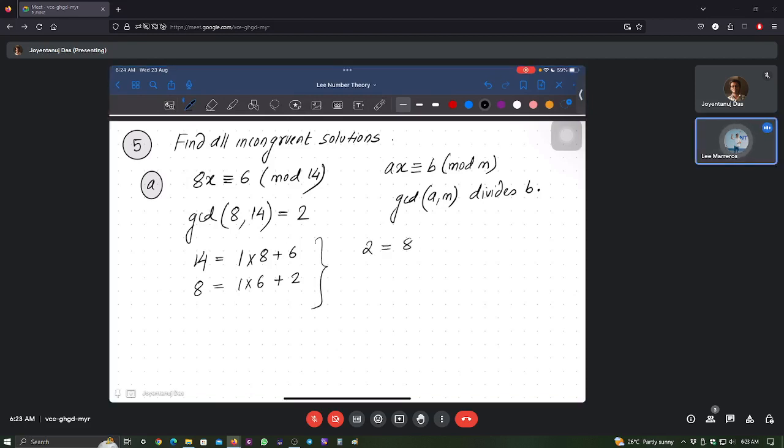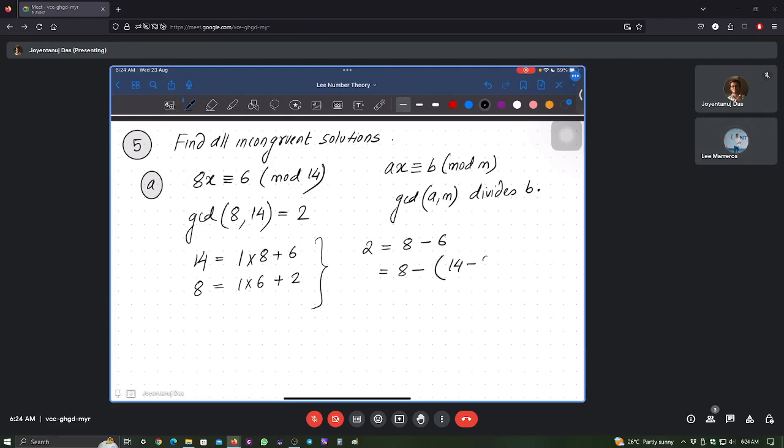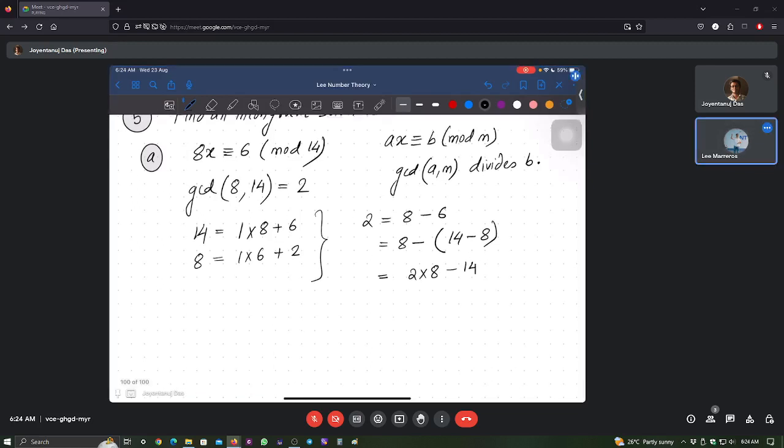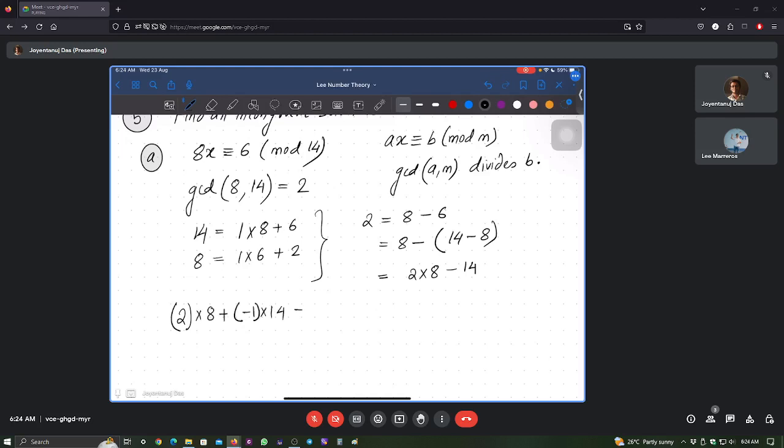From here, we get 2 equals 8 minus 6, and 6 we can replace by 14 minus 8. So what I have is 2 times 8 minus 14, that is 2 times 8 plus minus 1 times 14, which is the GCD of 8 and 14.